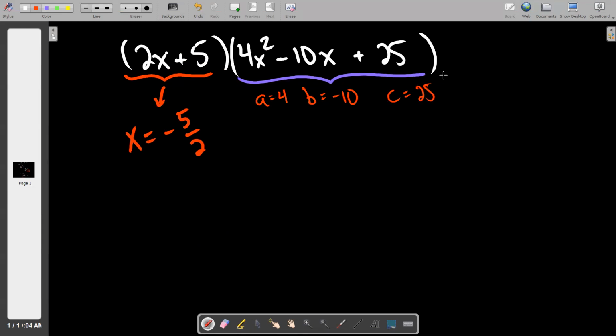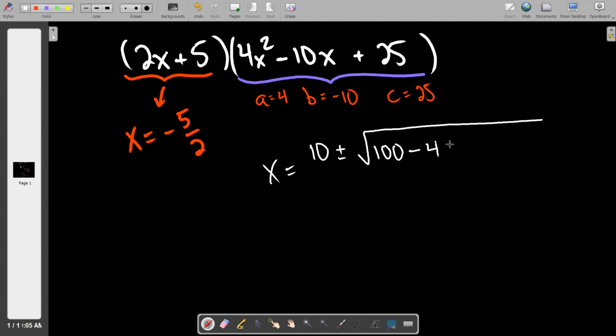All right, so let's plug all that junk in and see where it takes us. So we're going to have x equals what? 10 first, right? Remember to start with the opposite of b. So we have 10 plus or minus the square root of, here we go, nice long square root sign, 100 minus 4 blank blank all divided by, good job.